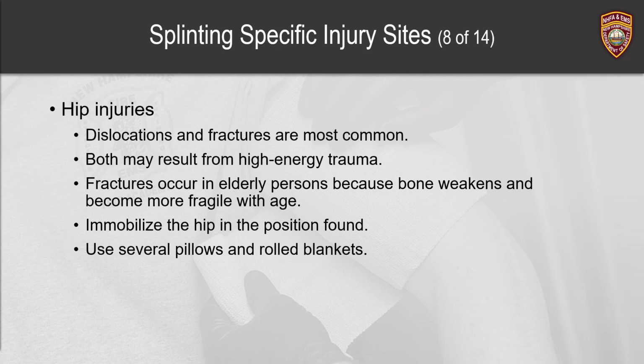But because of the way the femur is constructed with that ball and socket up at the top, you can shear off parts of that bone that are way up high by the hip. These fractures are often more prevalent in elderly patients because their bone weakens and becomes more fragile over time. This is a condition called osteoporosis, where osteo refers to bone and porosis refers to the decreasing of bone density.